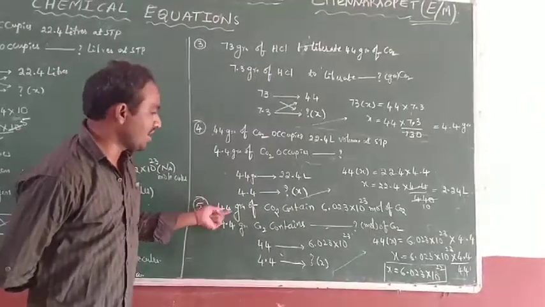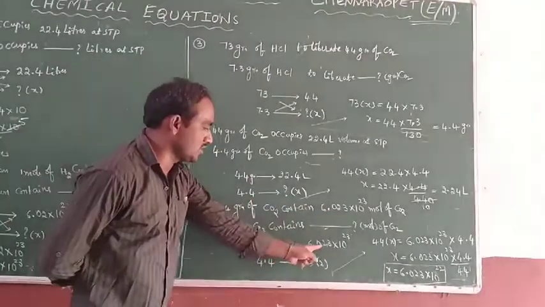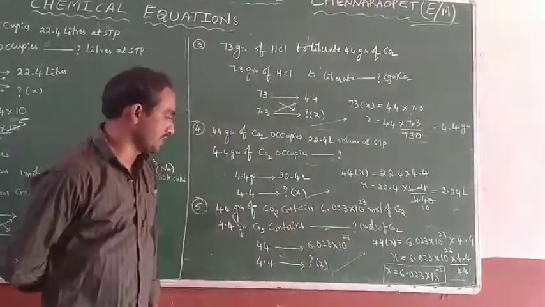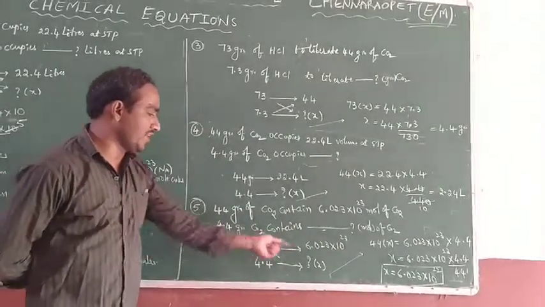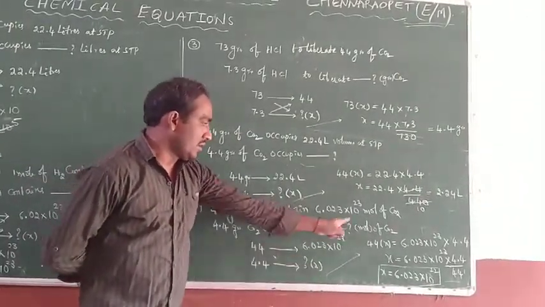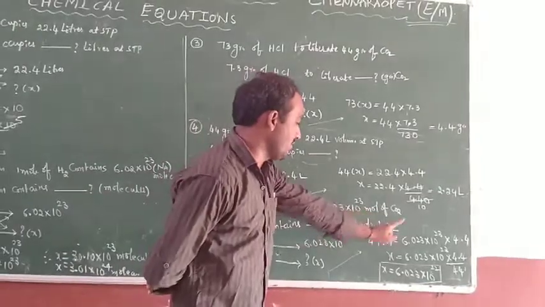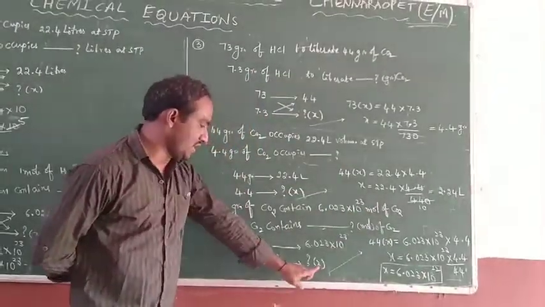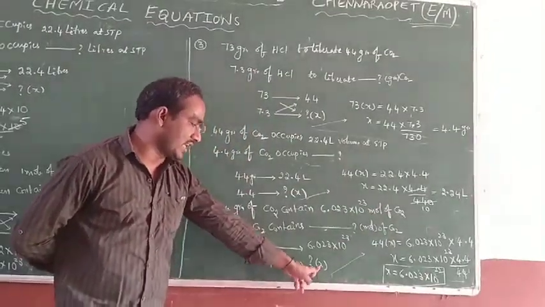So here 44 is related to 6.023 into 10 to the power of 23. For 4.4 grams, how many do we require? There is no value, so we consider x.